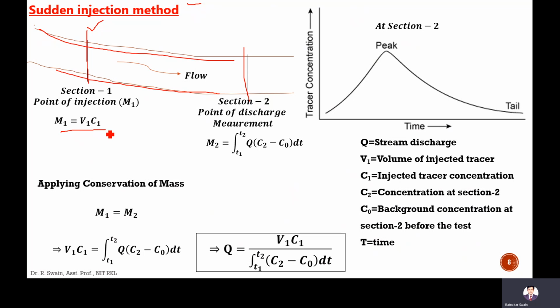Here the mass M1 will be volume V1 into C1, where V1 is the volume of injected tracer and concentration C1 is in gram per cc, that is mass per volume.